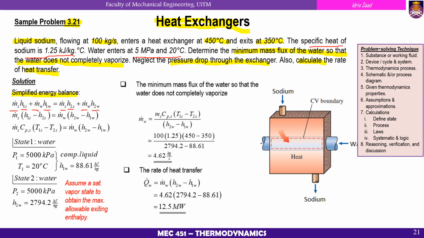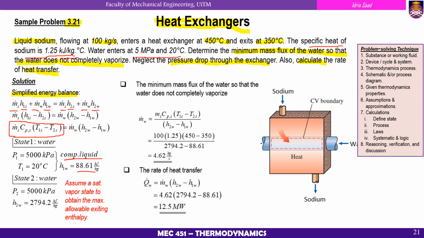When we arrange this equation, we can calculate the sodium terms based on CP, the specific heat, and temperature, because the specific heat is given. So we check the values one by one. State 1 for water is compressed liquid, so we get 88.61.